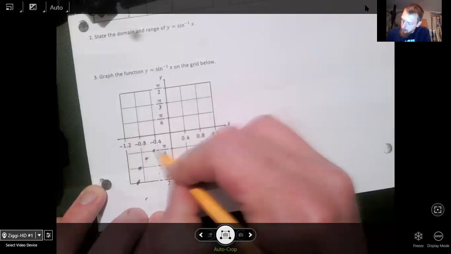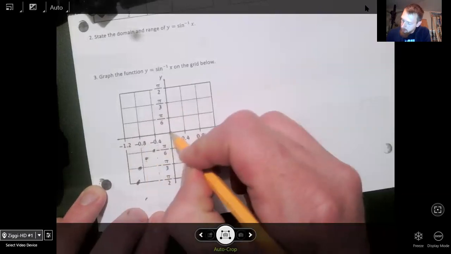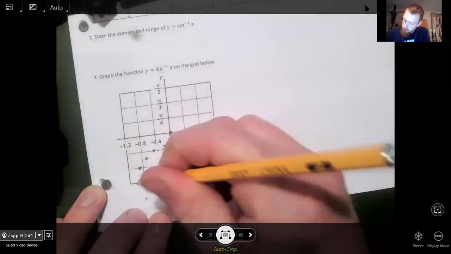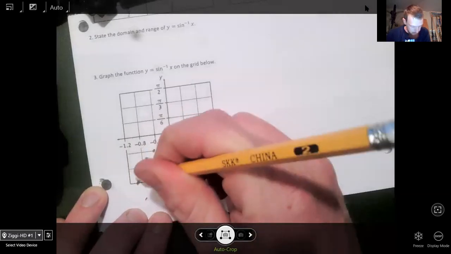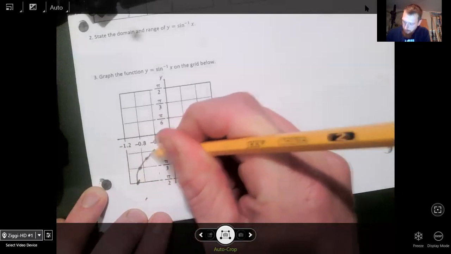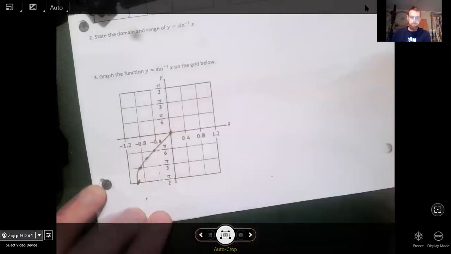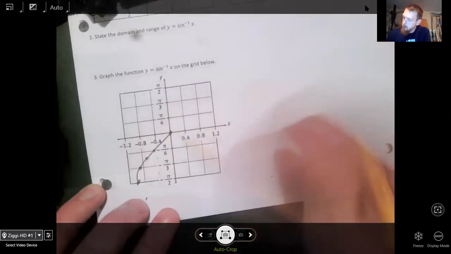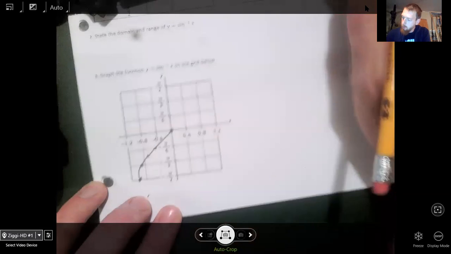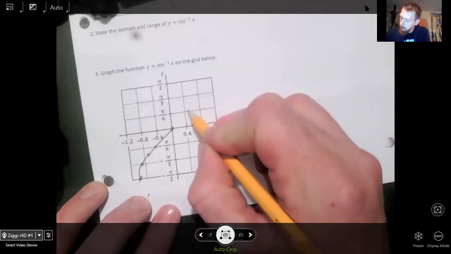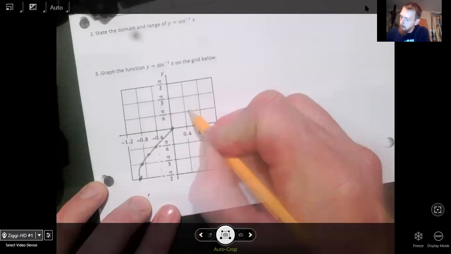All right, and then here we're gonna skip back to when x is 0, y is 0. So this is gonna give us a nice smooth curve about like so.